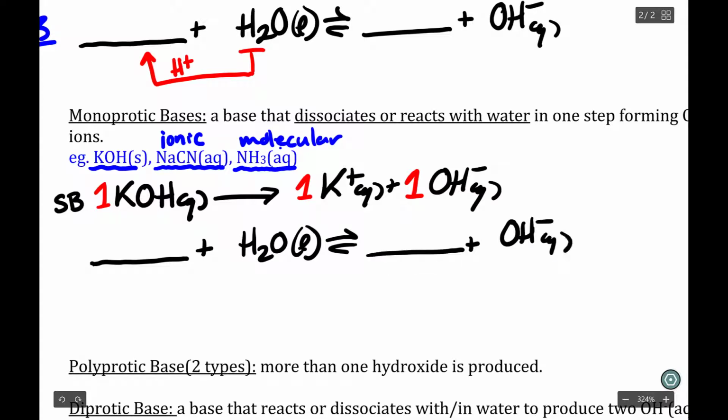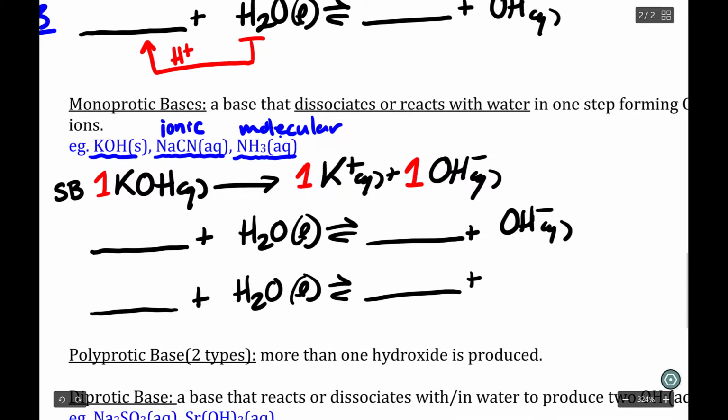So I'm going to do this twice, once for each of them. Now, NH3 really is probably the only molecular base we come across this year. There are lots of molecular bases. It's just probably the most common one you would ever see. Ammonia is used in a lot of different things, especially cleaners.